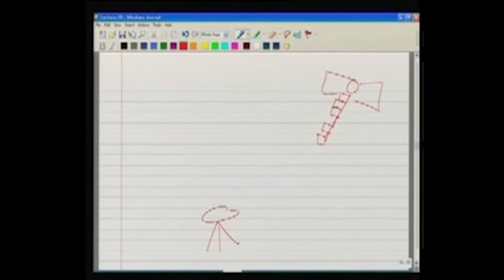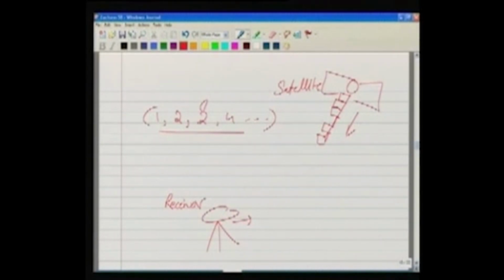By matching the signal generated by the receiver and the satellite, as we saw in our example of counting 1 2 3 4 and so on, we are matching the count of the satellite with the count of the receiver. So similarly here also, we match the signal generated by the receiver and the signal reaching from the satellite.